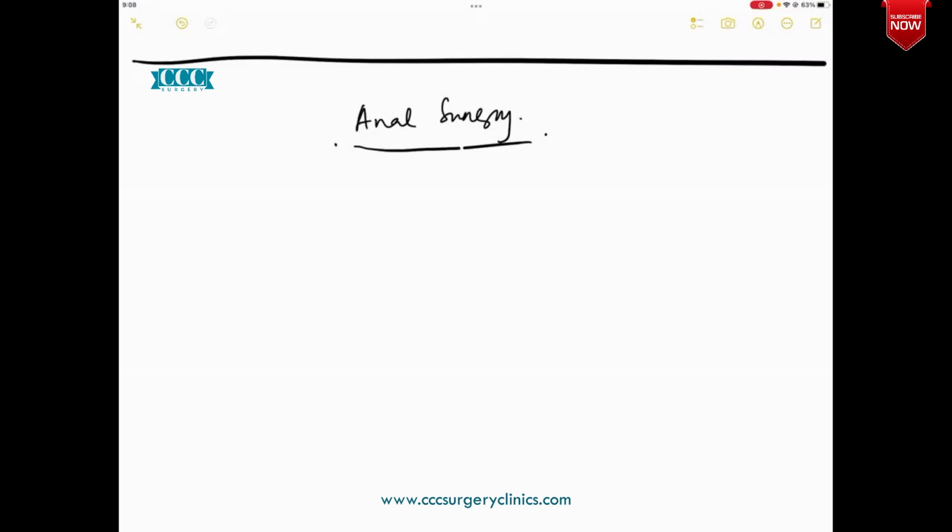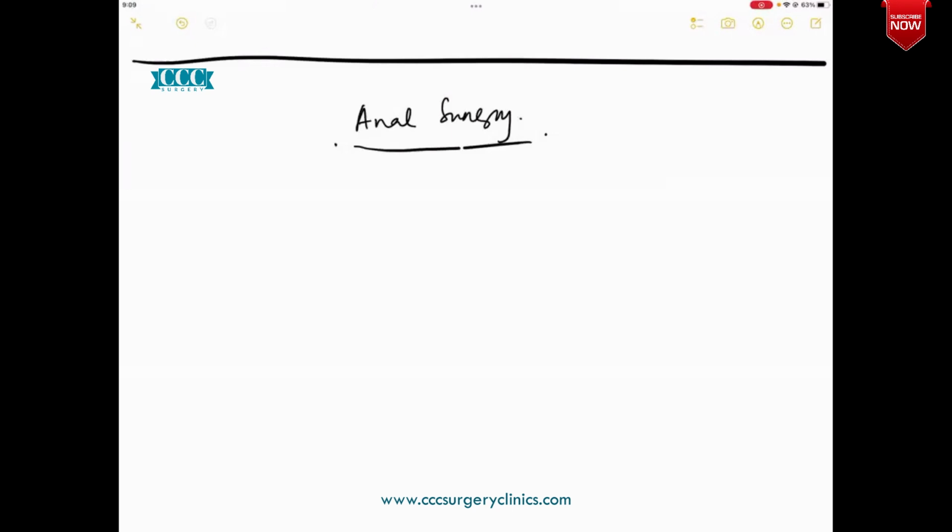The day before, I tell the patient to have an enema in the evening, so that the rectum is cleared of fecal matter. And then again, when the patient is shifted to the OT, at least 3 to 4 hours before, the patient gets an enema. But as I've said, there is no technical evidence in that favor.